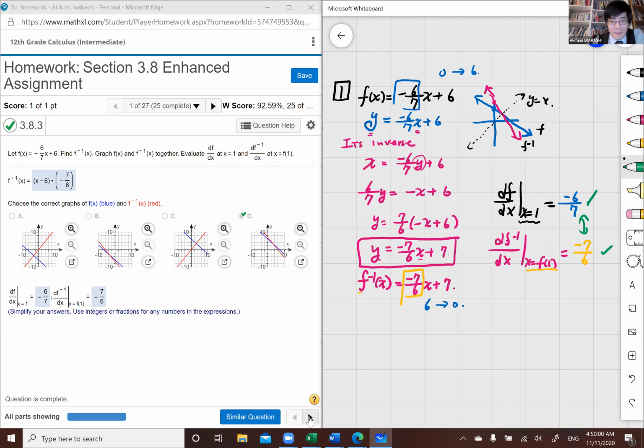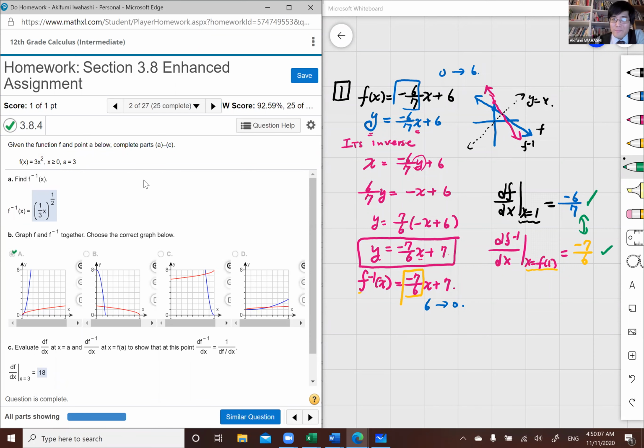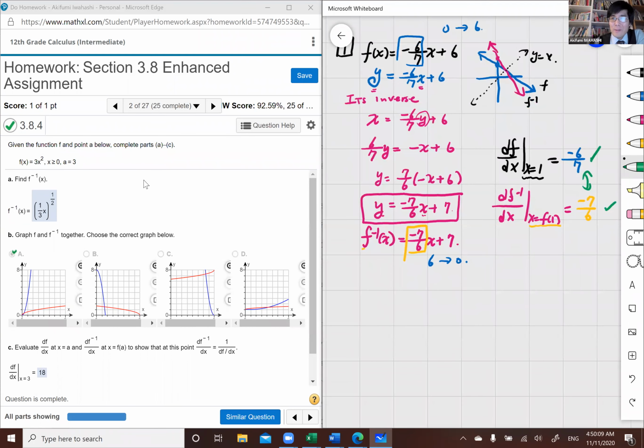Okay, let's move on to the next question. Now you have a quadratic function with a restricted domain, 3x squared, where the domain is x greater than or equal to 0.